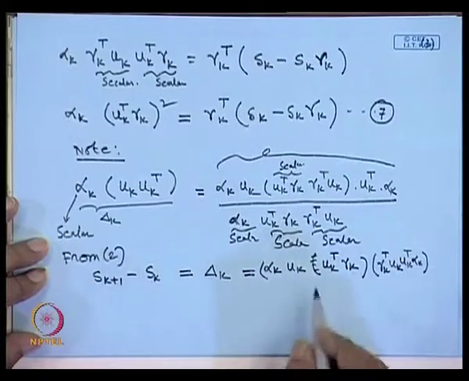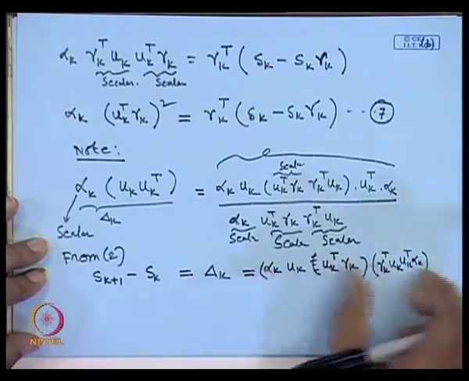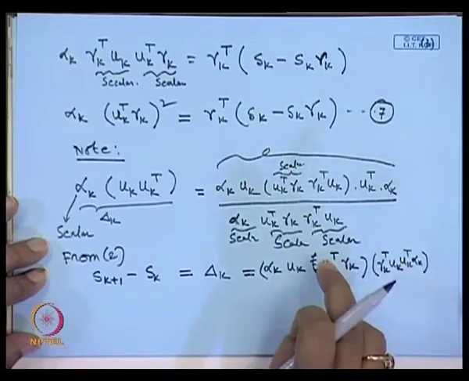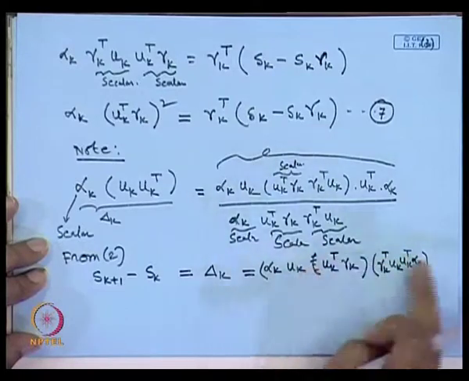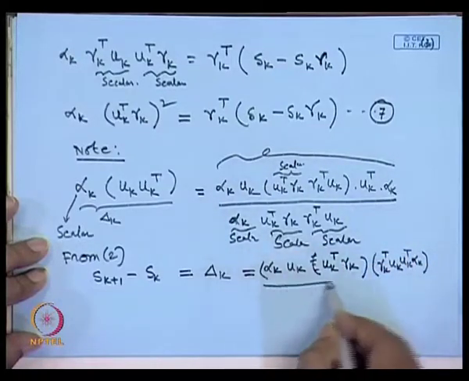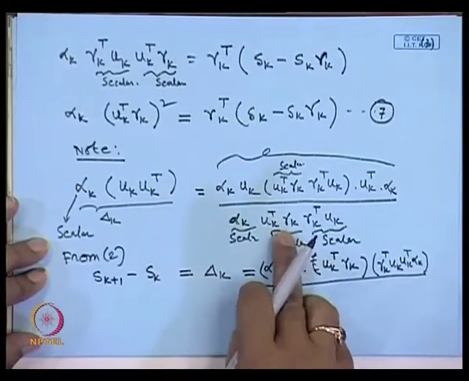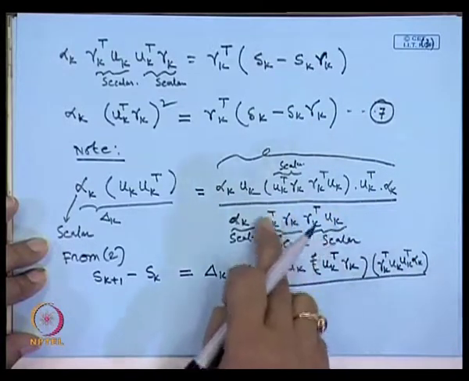And you can see here, this is nothing but the transpose of that quantity, or vice versa. So, it is divided by a scalar quantity, and what is this quantity? This is a scalar, and the value of this one and this one are the same.